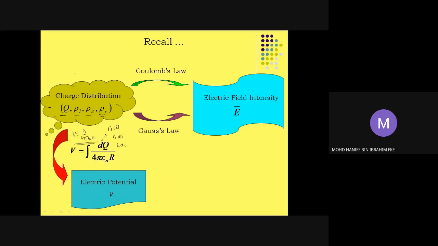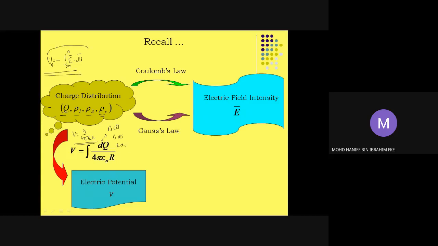Also, if you recall, the potential can be based on this equation, negative integral of E dot dl, where the initial point is at infinity, and we can find the potential at a point A. So this is the potential at point A, in which the reference point is at infinity.